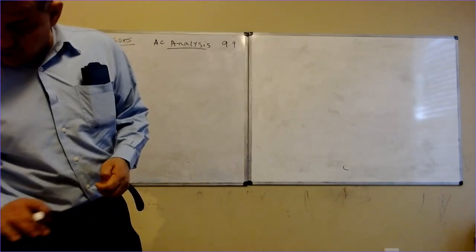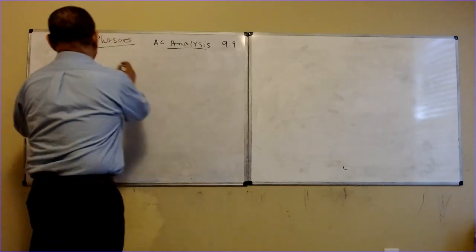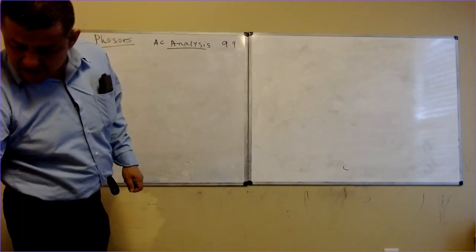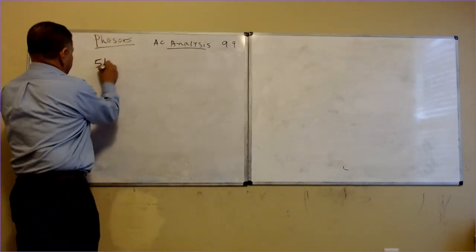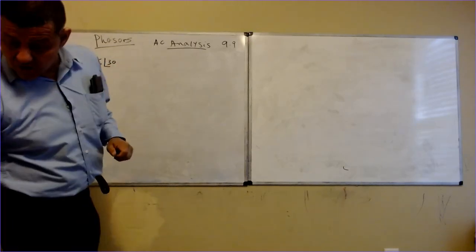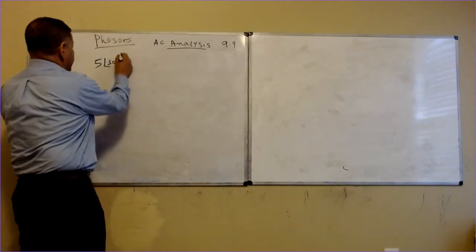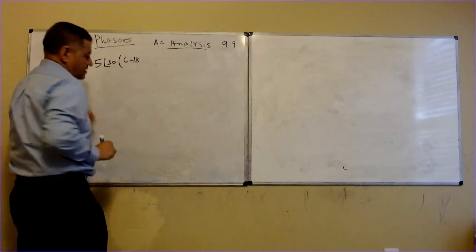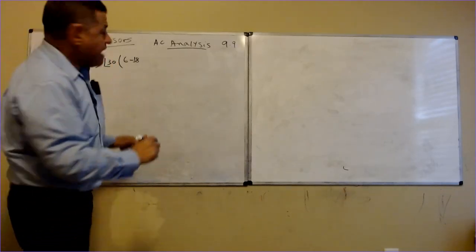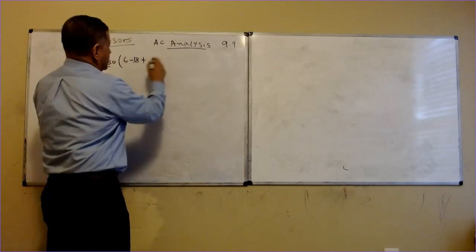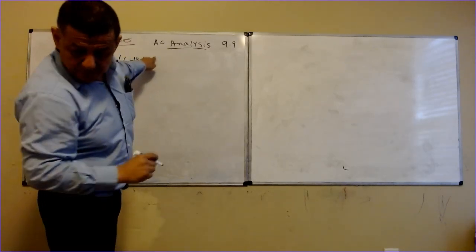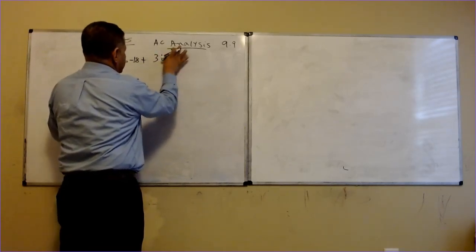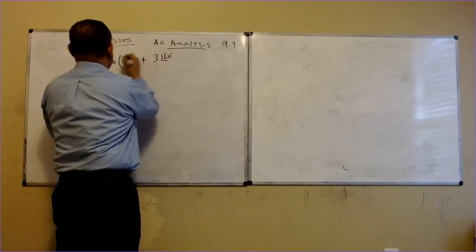Okay, so the problem says that we have a 5 angle 30 degrees, parenthesis, we have a 6 minus 8j, and then we have a plus 3 angle 60 degrees on top, right?